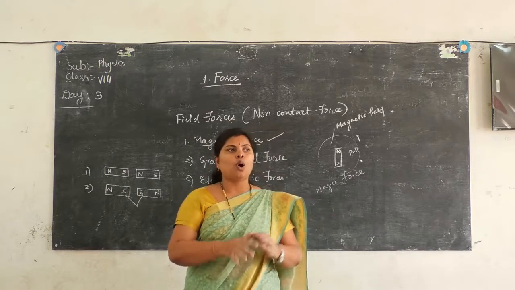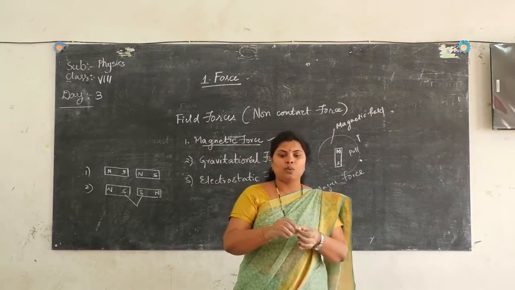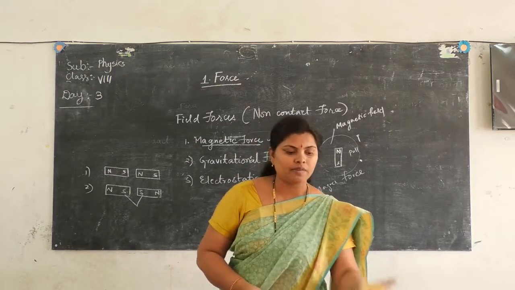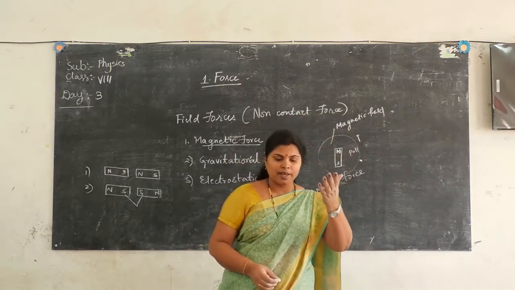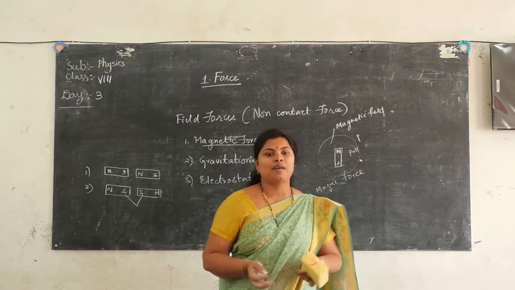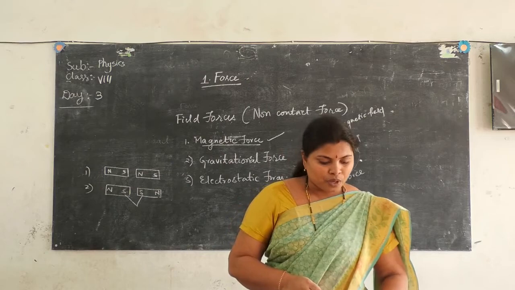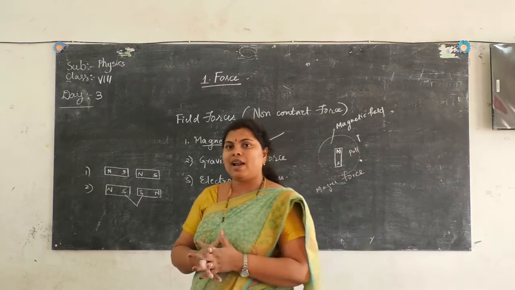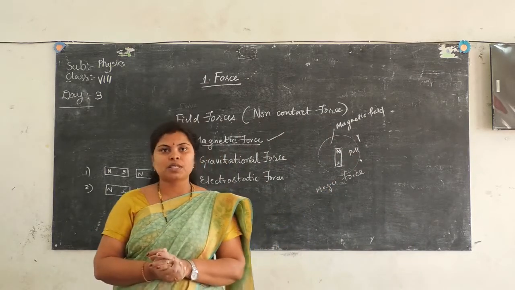Why do you think all the things are falling down? If I place anything like this, will it stay in the sky? No, never. It will fall down. It is because of Earth's gravitational force. Do you think only Earth attracts all other objects?